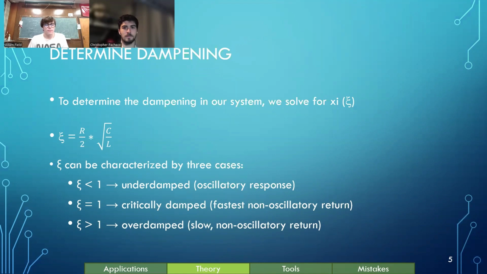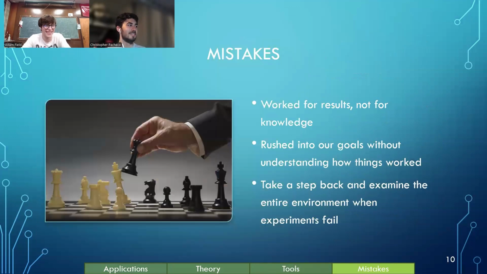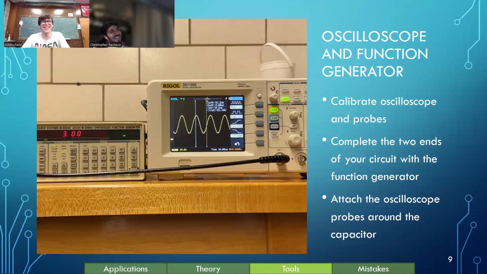So to determine, I said that wrong. Yeah, you did, didn't you? Yeah, I did say that wrong. I hate that I just said that. You're calibrating the probes for sure. What is happening? Mistakes. That's great. That was clean. I like that. Little square wave. Sorry.